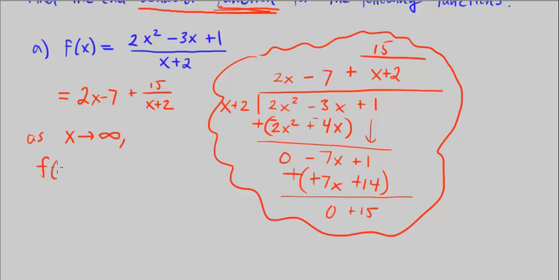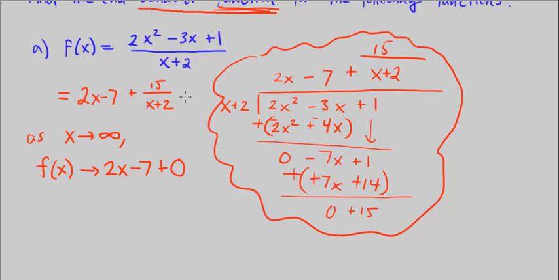What happens to f of x? f of x approaches, right? This becomes 0. We can still say 2x minus 7. We know this is going to be like infinity minus 7, plus, what is this? Well, this gets thrown in the trash, plus 0.